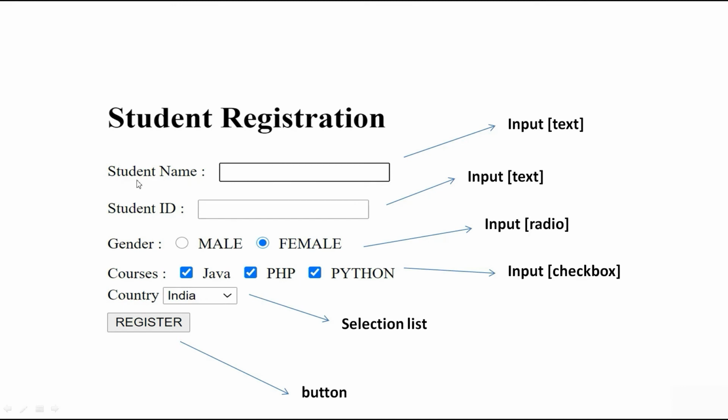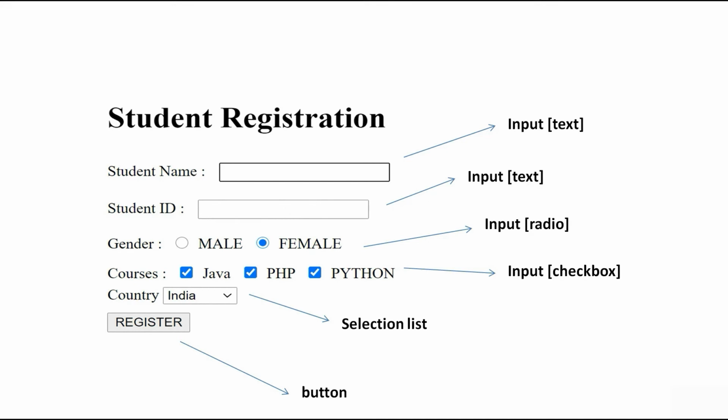So that's why we have to use the text called as label. This text is called as label, and this rectangular box is called as input in the HTML. In the second element also we have used the same thing, HTML label for the input field student ID. In this input field the user will enter the student ID. Student ID also belongs to the type text because it is also normal alphabetical text only.